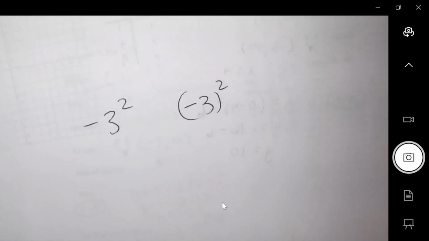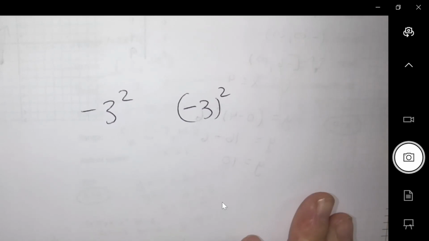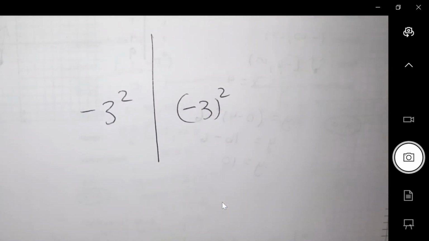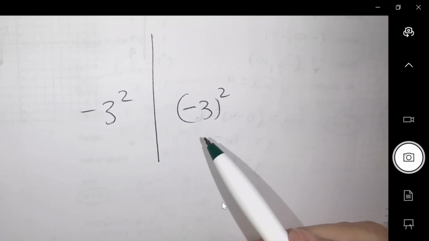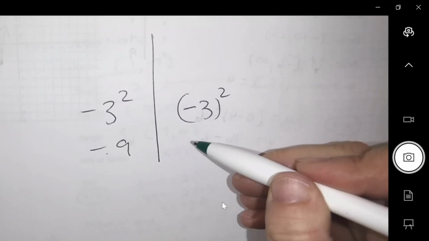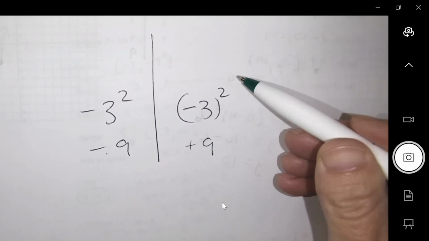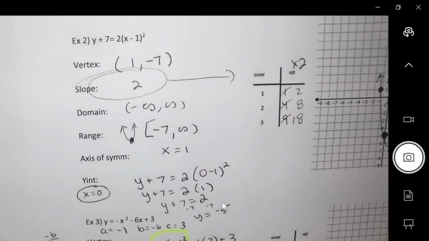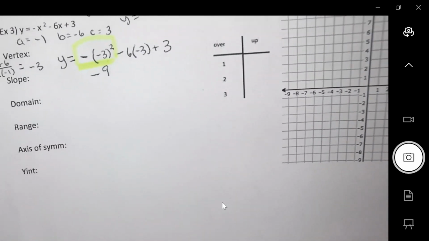Yes, but I always forget it. These are different things. These are not the same thing. What would this come out to be? And this would be? Okay, so just be very careful when you have the negative numbers in there.